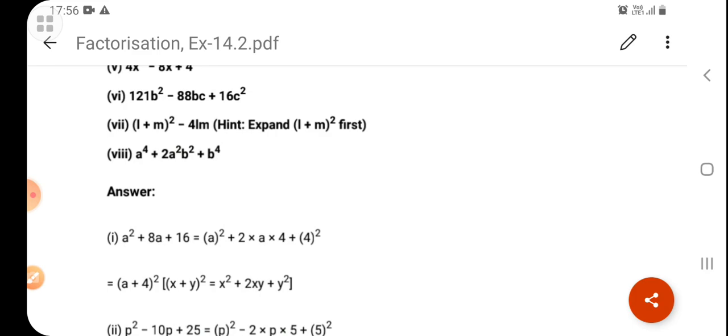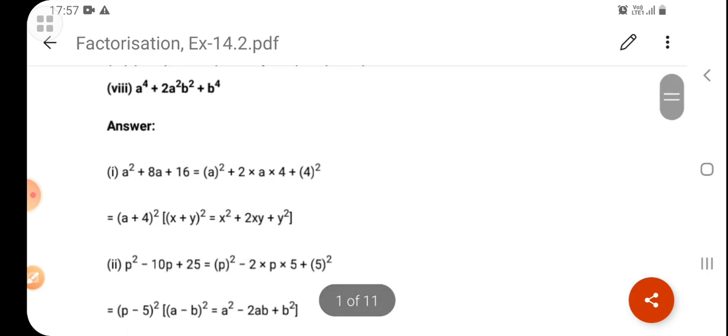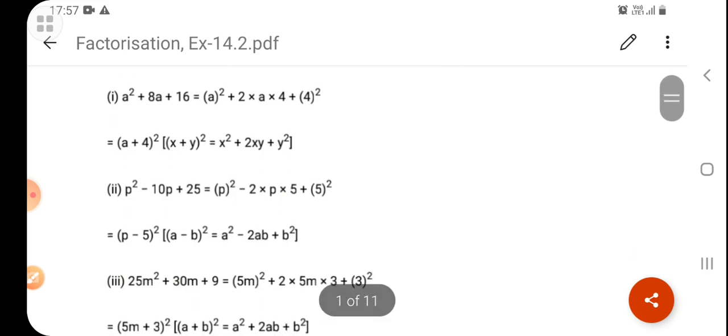So we have to break this into a, b, and b square. So here the a plus 4 square is the complete result, that is a plus 4 into a plus 4 are the two factors. Now the second one is p square minus 10p plus 25.